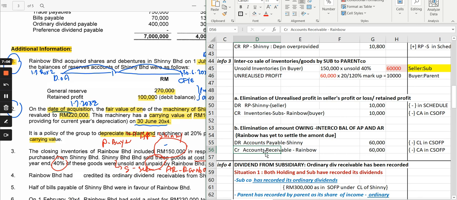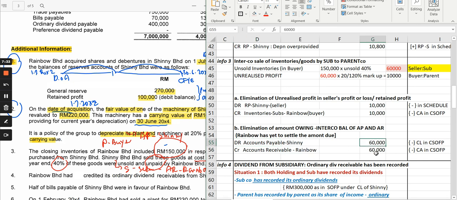So it has to be adjusted, but this is actually a memorandum account. So you will remove the accounts receivable that relates to the buyer. The buyer here is the subsidiary. You will also remove the accounts payable that relates to the seller. The seller is Shini, so therefore it will also be removed, right?